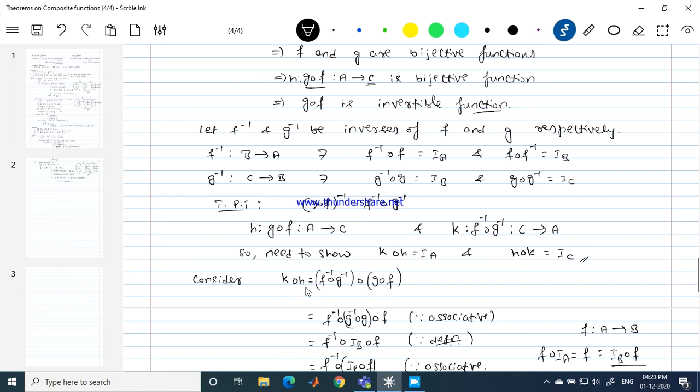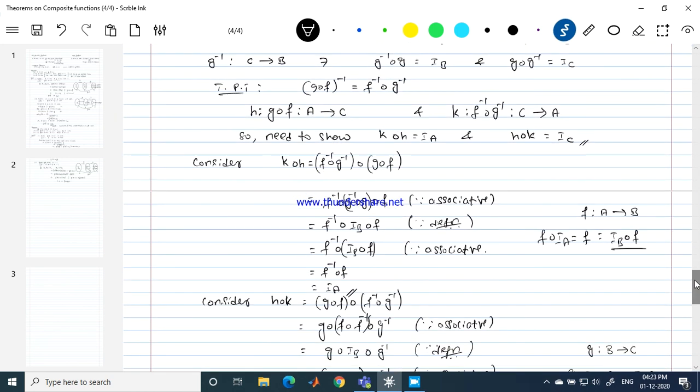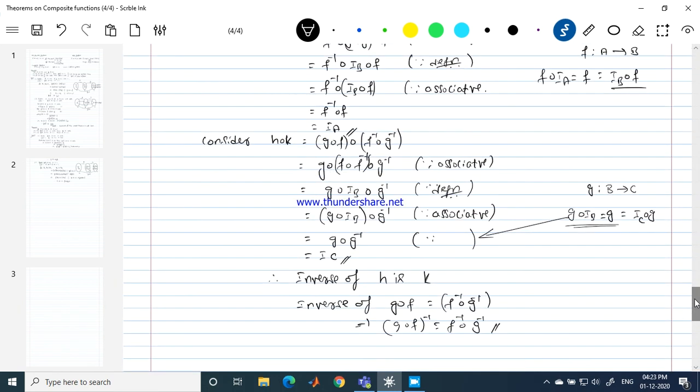So I consider H composition K, and with the help of the associative property, the definitions of invertible functions, and this property of the function F with the identity functions on domain and codomain, we have proved these two results. With these two results we can claim that the inverse of H is K, that proves the inverse of F composition G is equal to G inverse composition F inverse.